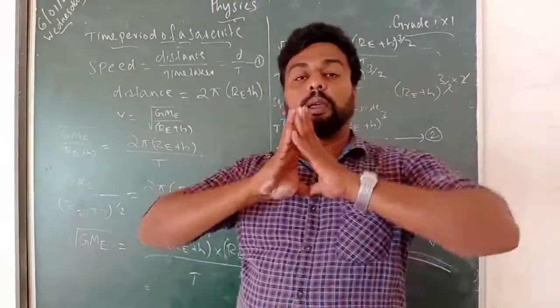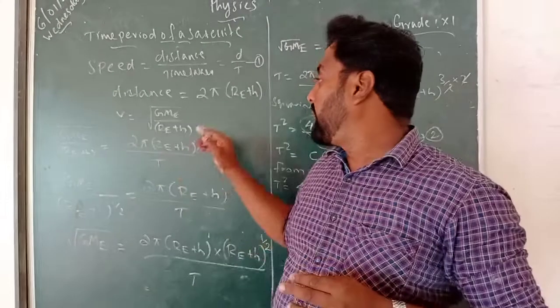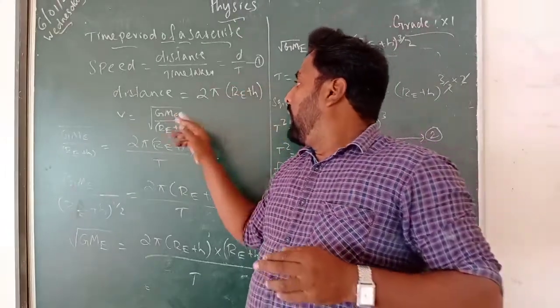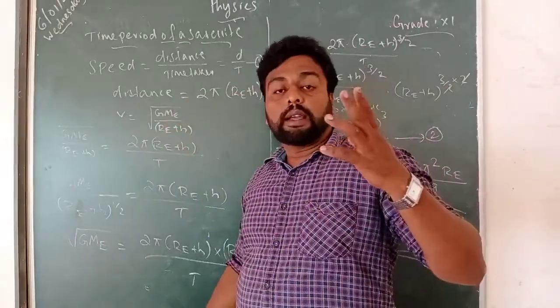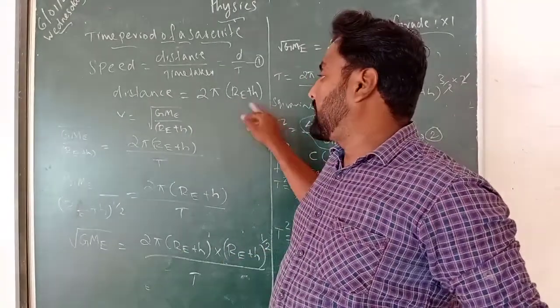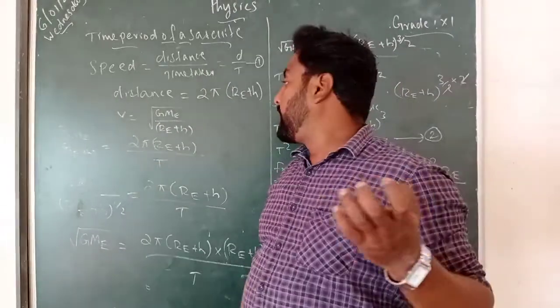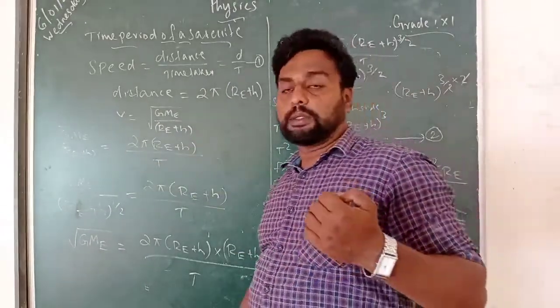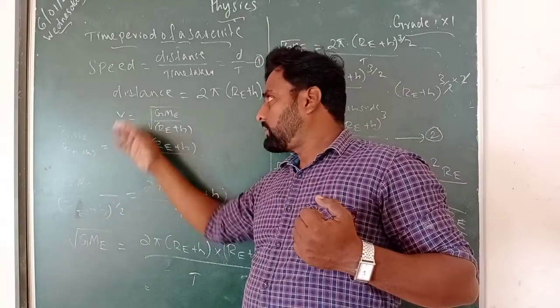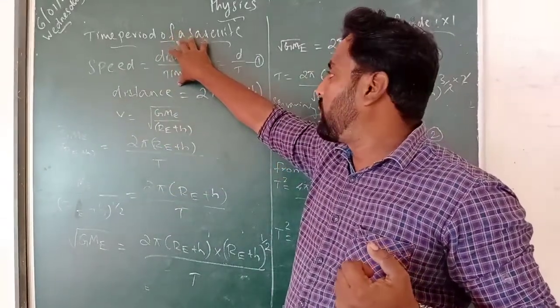So the time taken for one complete rotation is called the time period. The distance covered by the satellite is 2 pi r, and here the r value is R plus h. Then speed is orbital speed, root G M_e by R plus h. Then these two values we are substituting in this formula.